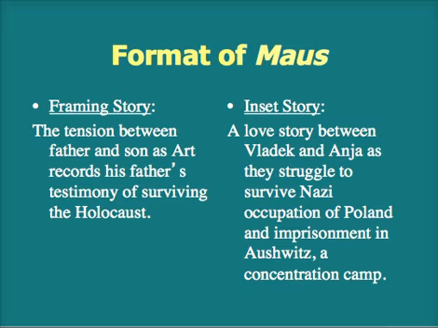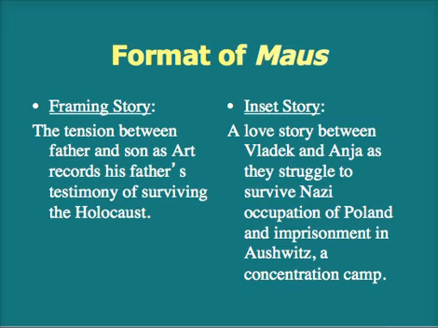The inset story is what takes place in Vladek's past. So the events where he and Anya meet and fall in love, their whole courtship, the birth of their son, Richieu, and all the events that play out from the time that they are in Poland to the time they're imprisoned in Auschwitz, and following events as well.